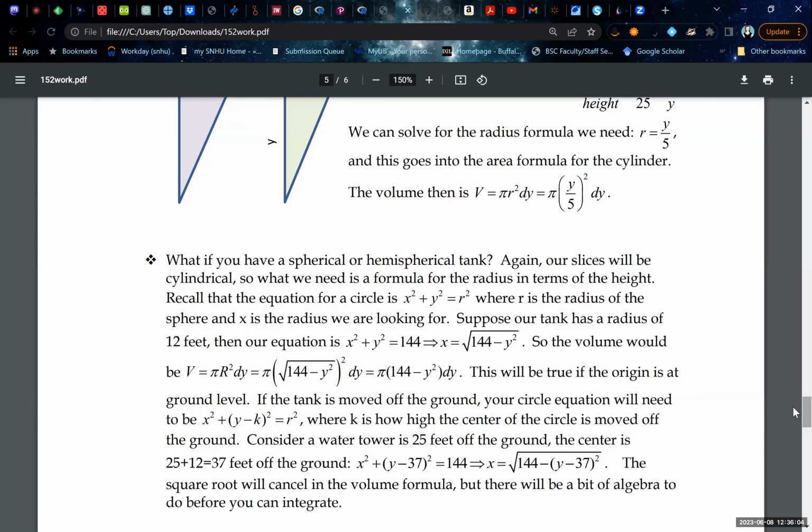Basically the radius at that point is x, right? And so you want the relationship between x and y, which is just the equation of the circle.